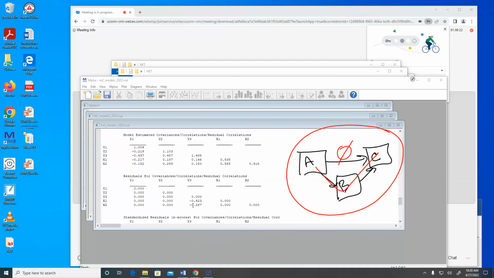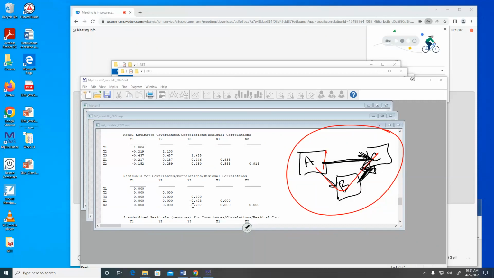If I have a path from A to C, all this is saying is allow for there to be a direct effect from A to C. It's like a regression coefficient, which is really just how well A predicts C after controlling for B. This number could be anything: positive, negative, or 0.